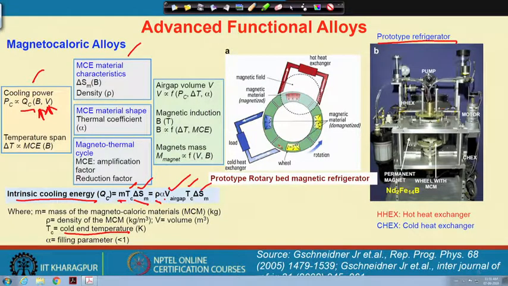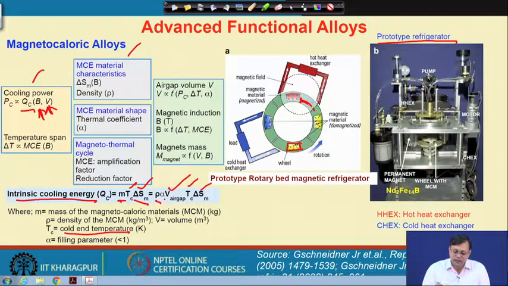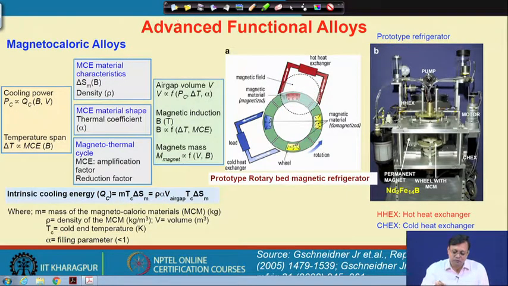We need a wheel where we keep this magnetocaloric material with differently oriented magnetic domains, in the demagnetized state, and we keep it in a magnetic field where the spins are aligned. Once it is aligned, if it is a conventional magnetocaloric alloy, then the temperature will increase.